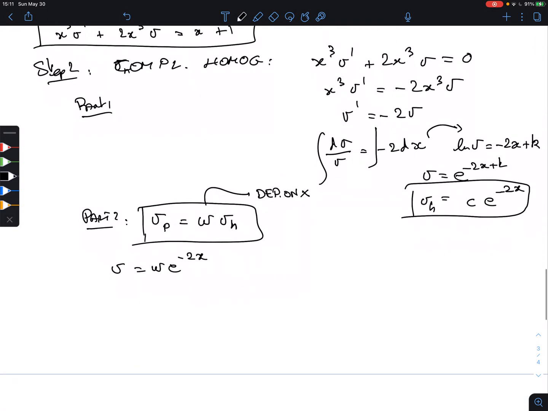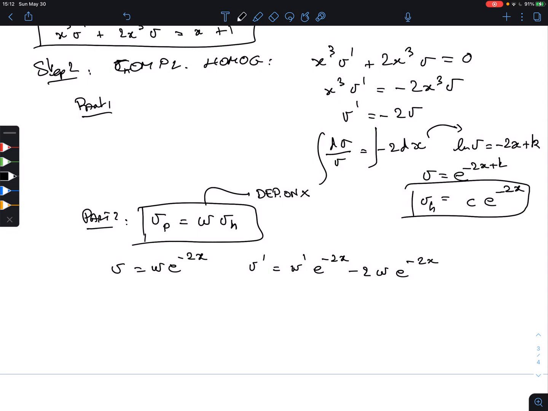So I'm going to take the derivative, but only once. w prime e to the minus 2x, the derivative of the first, copy the second, then copy the first and take the derivative of the second. There's a minus 2 coming out, so minus 2 e to the minus 2x.